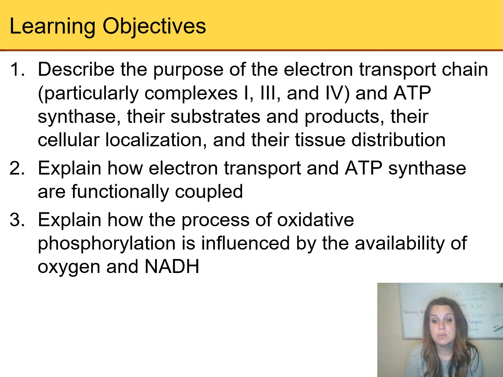So if I've removed oxygen, why wouldn't I be able to make ATP? ATP synthase seems to not require oxygen. Why would I not be able to make ATP? And the same thing goes for NADH. If I removed NADH, ATP synthase should be able to still work. It's not part of the electron transport chain. Why wouldn't it be able to work?